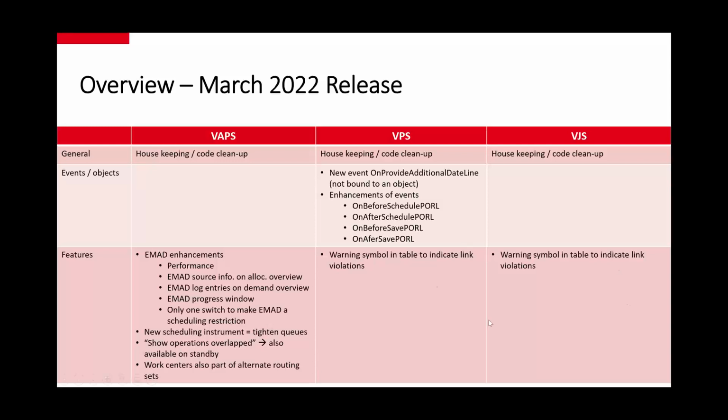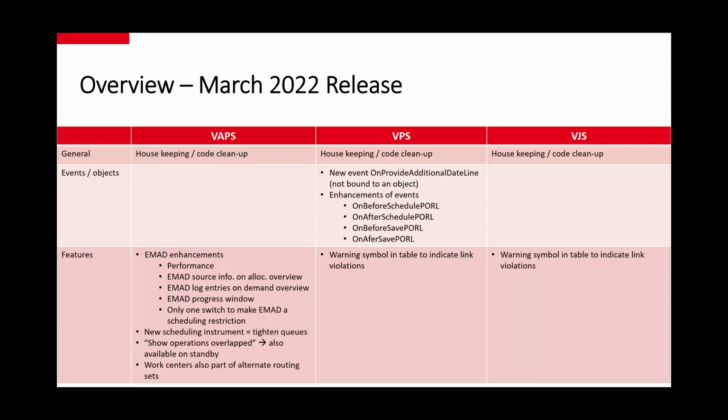With VPS and VJS, we added new warning visualizations in the table to indicate link violations. If we remember the last webinar, we already started showing you warning symbols in the table part of the VPS to indicate a capacity overload.